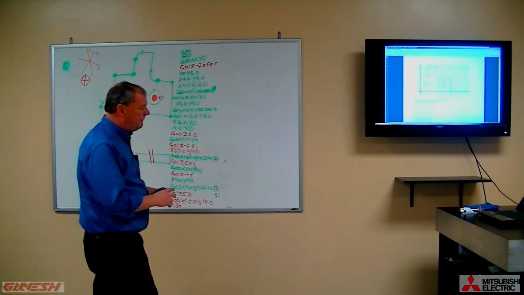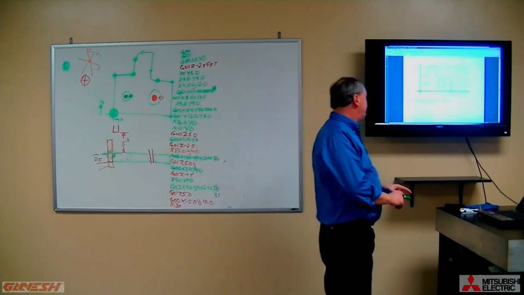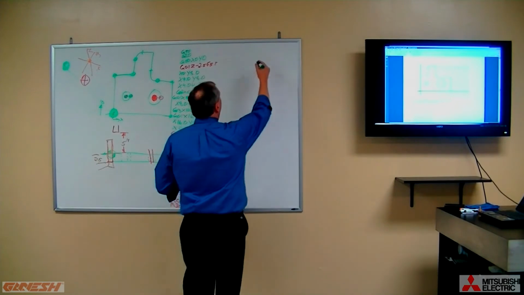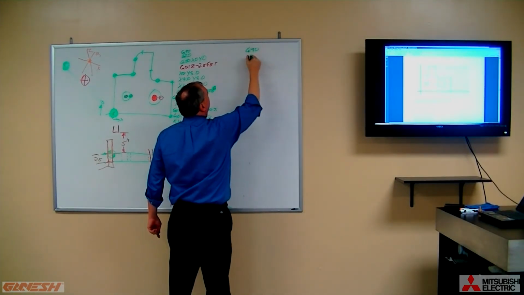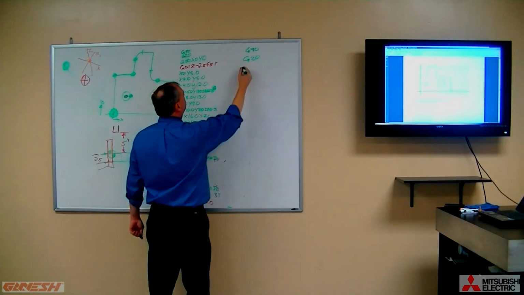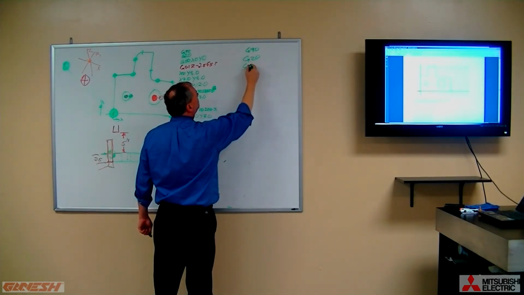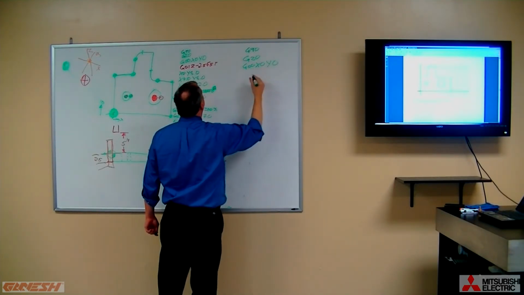So, to simplify this program and make typing a little easier, and I'll just do the first couple lines, we would make it say G90, G20. Now we're going to do our G00 to X0, Y0.